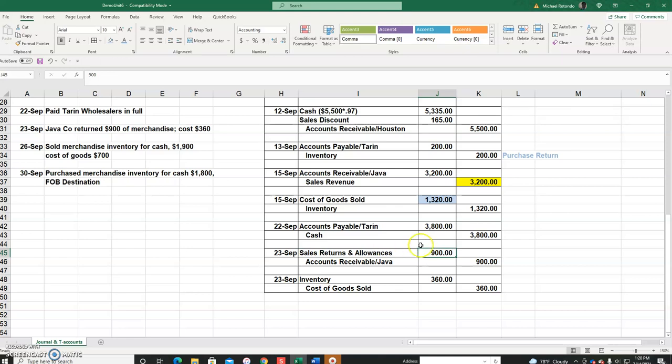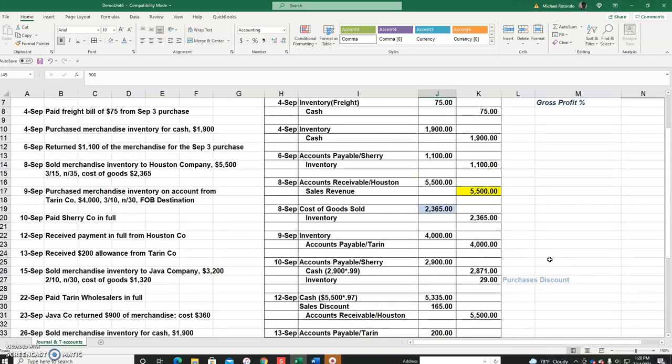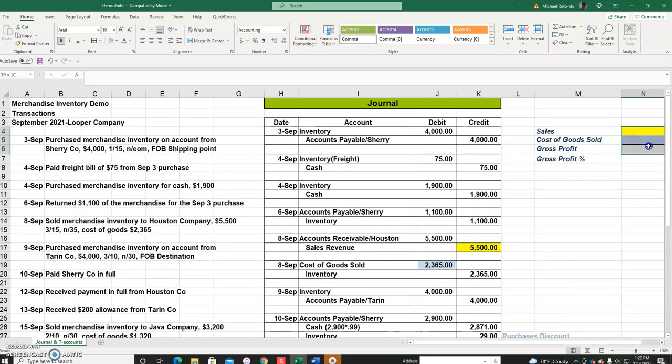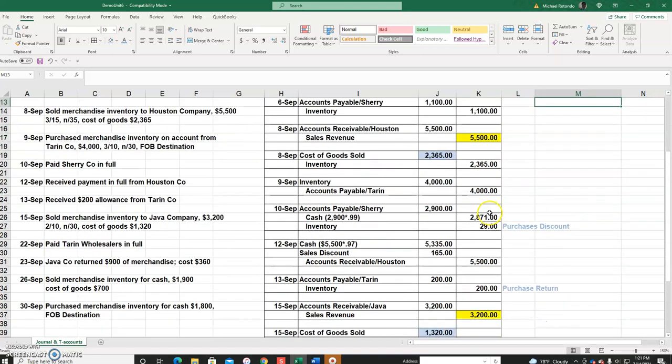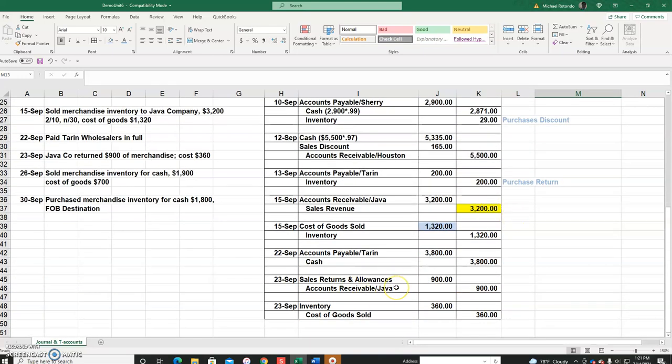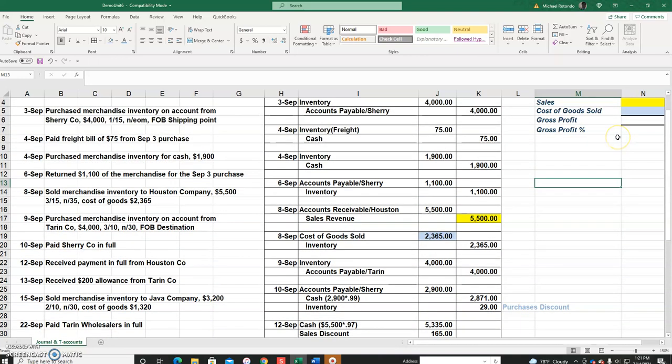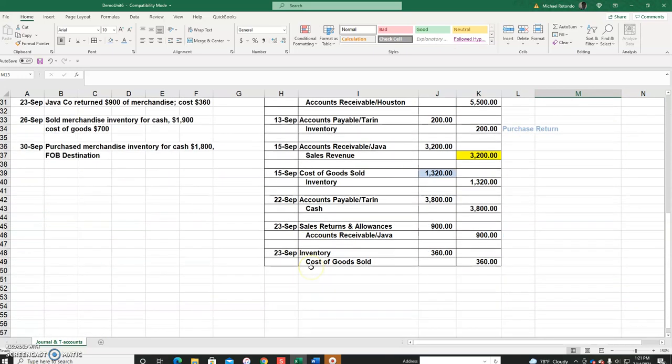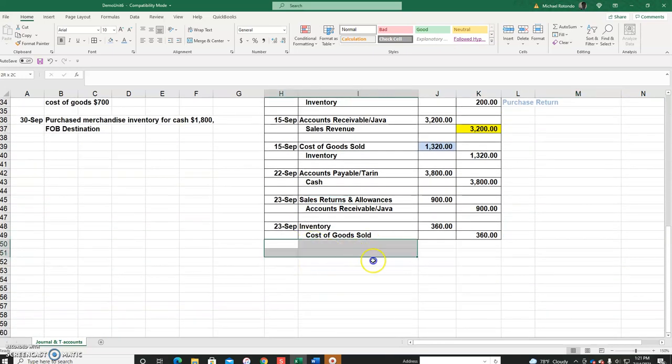And when I said back in the first video that this wasn't going to be a perfect number, it's because we're not including the sales returns and the discounts and so on. When we do the income statement, we would have to include all that. This is just to give us an idea up here.